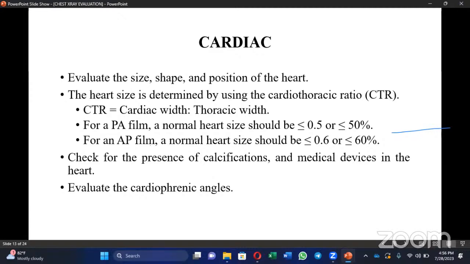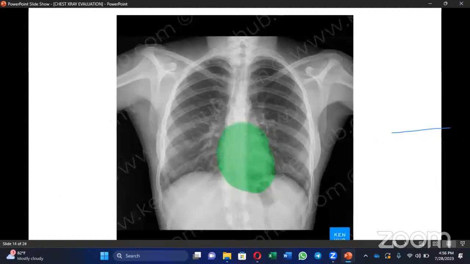And also along the heart. All right, so this is the right demarcation of the heart. You see that green area? That's the heart. Also, you should be able to assess the cardiophrenic angles. When I said costophrenic angle earlier, I made mention of how it is formed, and we said that it is formed by the diaphragm and the lateral chest wall.